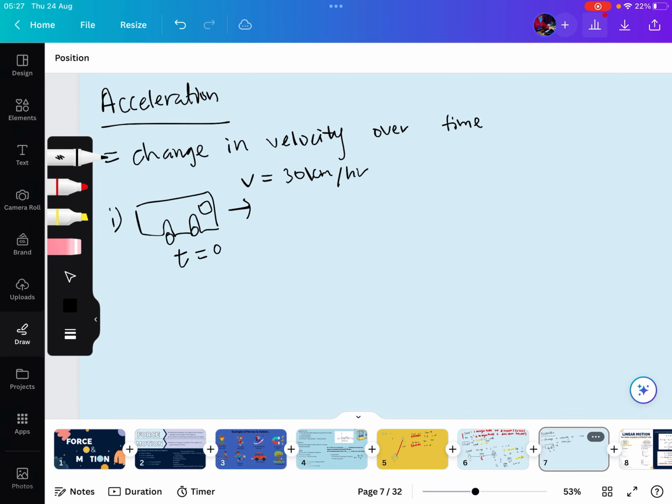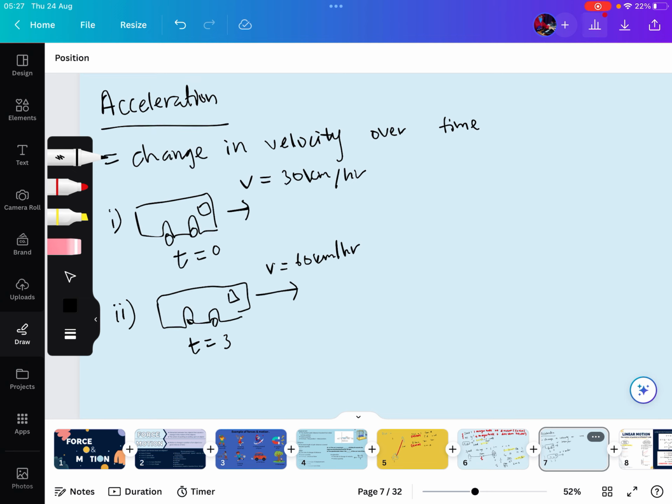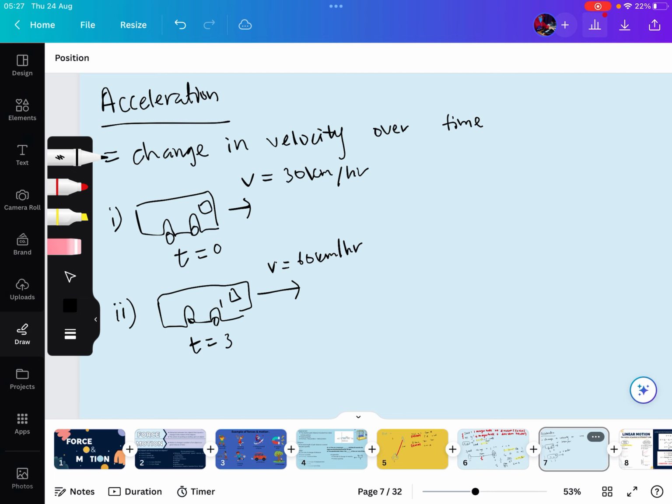So this is before, and then after that it accelerates, so it is faster. I draw the vector longer than the first one. So v equals maybe 60 kilometers per hour, at t equals 3. So you see there is a change in time, and also a change in velocity.